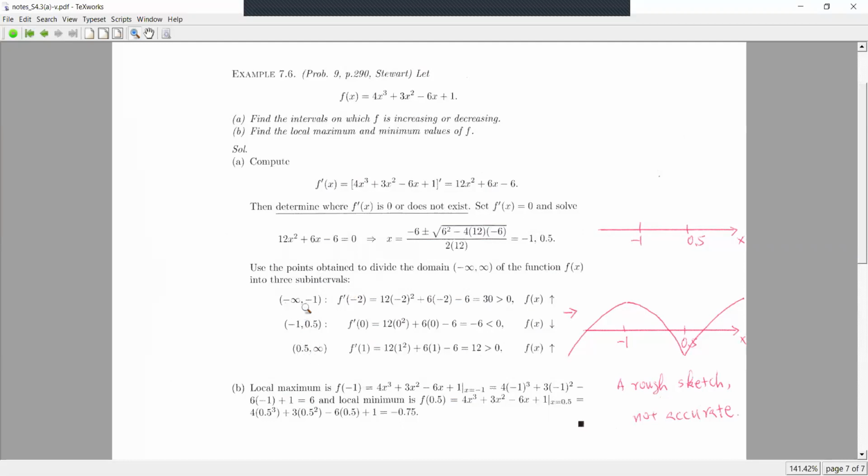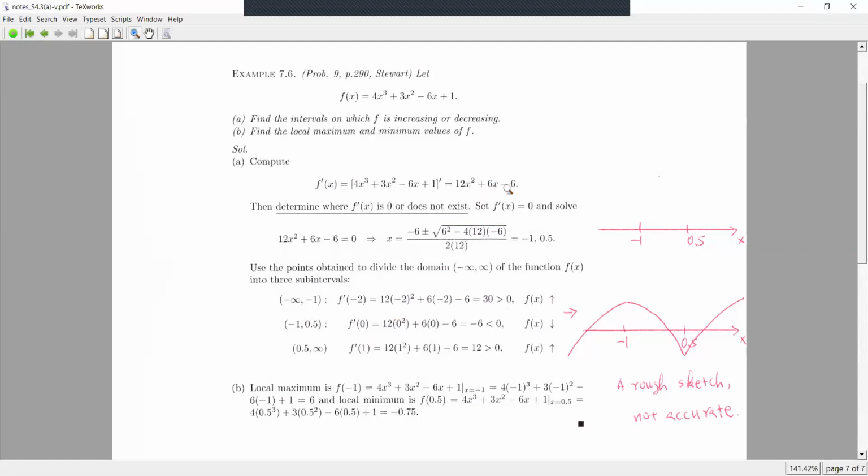From this interval, I arbitrarily pick a point, say, pick -2 and compute the derivative at -2. Plug in -2 in x here. Then I get 30. So derivative greater than 0 on this interval. Therefore, the original function is increasing on this interval. Second interval, arbitrarily pick a point, I pick 0.